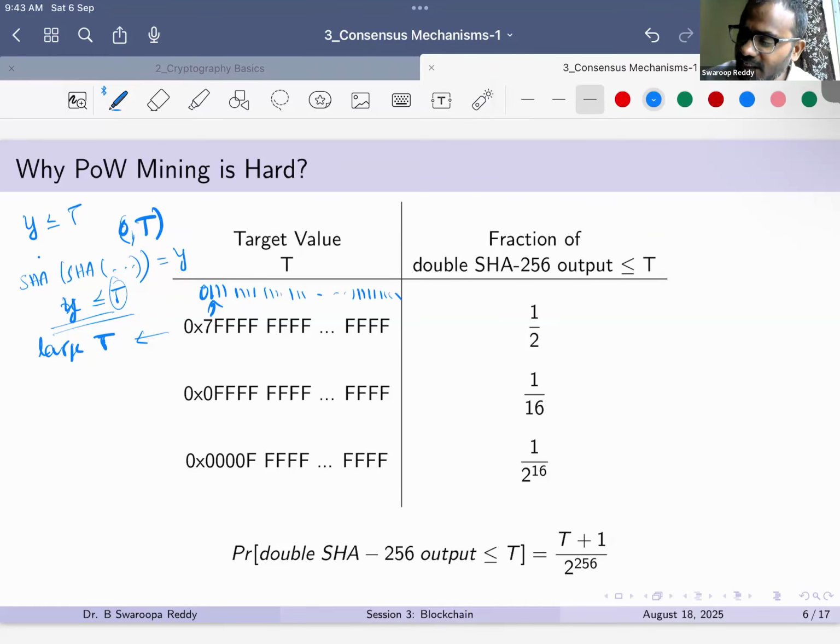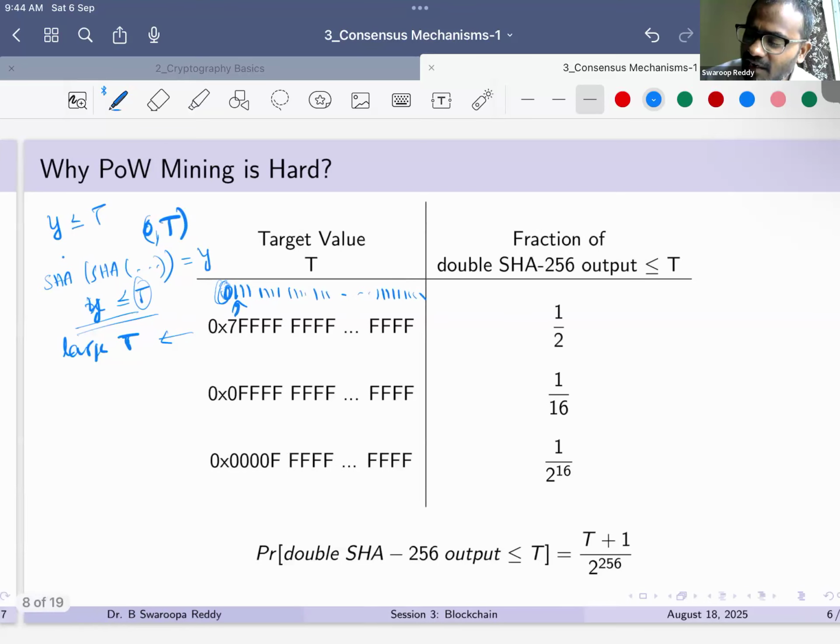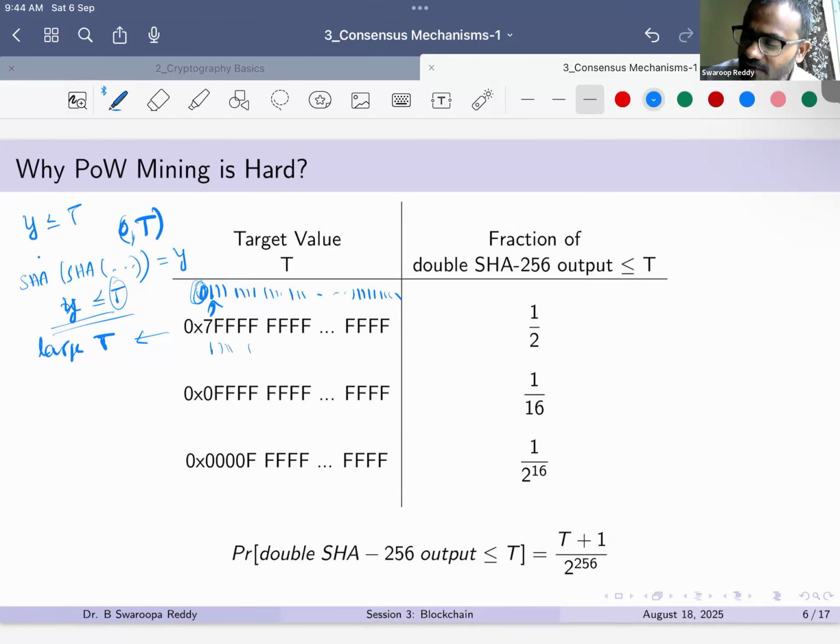So that's why the probability here, with only two values, for example, zero and one. If the leading value is 0 the result is below t, but if the leading value is 1, then all these values will be all ones, which is greater than t. Only one value is greater than this t value.